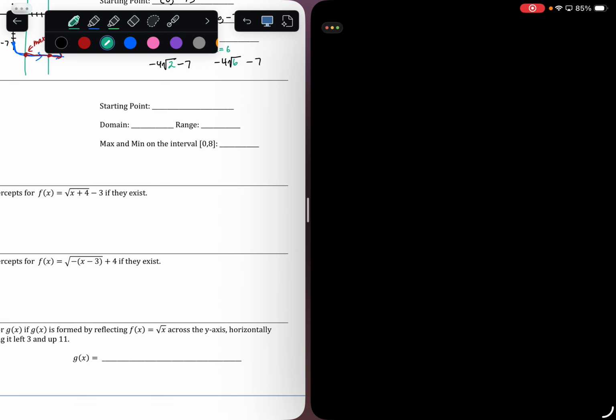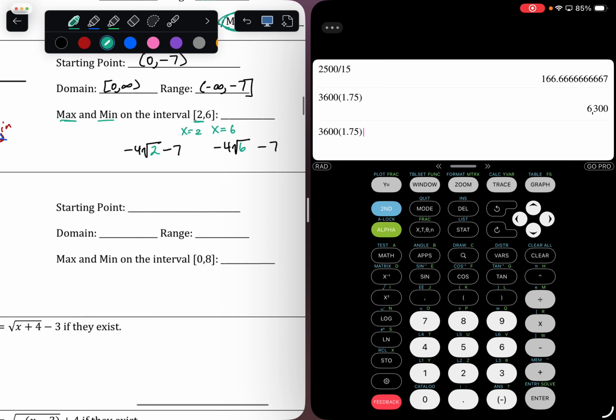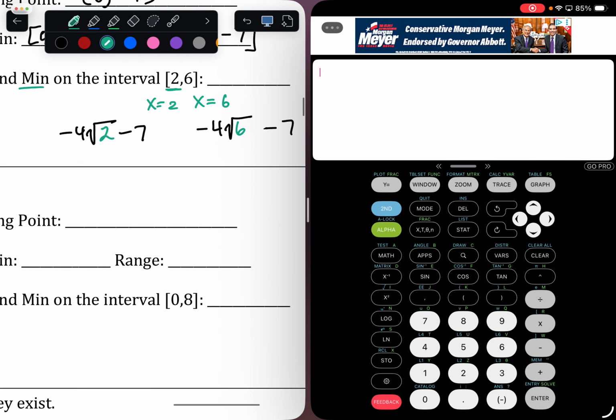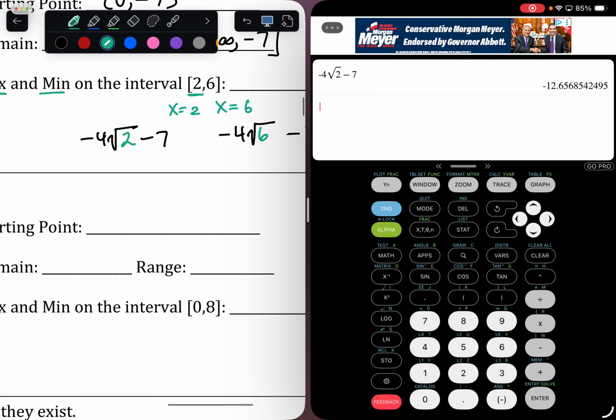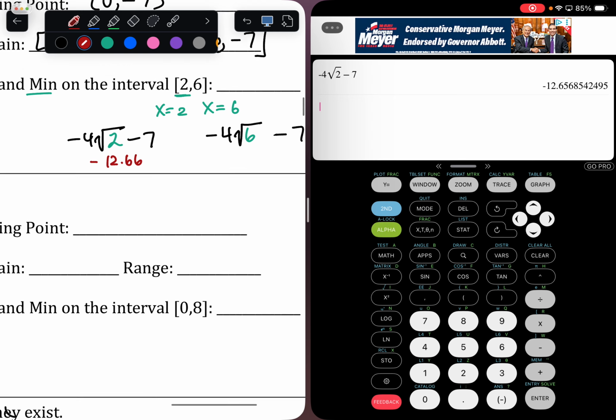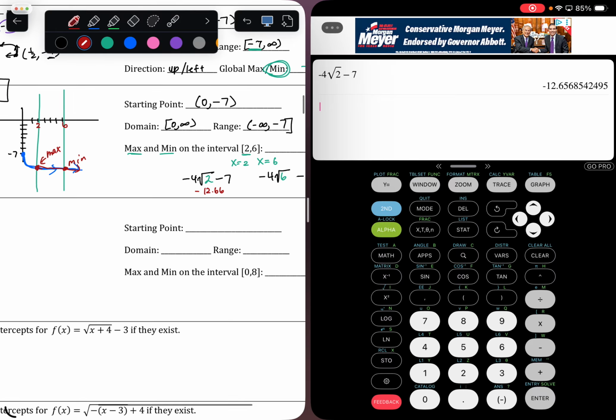For a non-calculator test, you would just leave it in terms of its square root. Okay, and so -4 square root is second, and then that square button. 2, and then you use your right arrow to get out of the radical, minus 7. Okay, so approximately -12.66, and that would be our max.